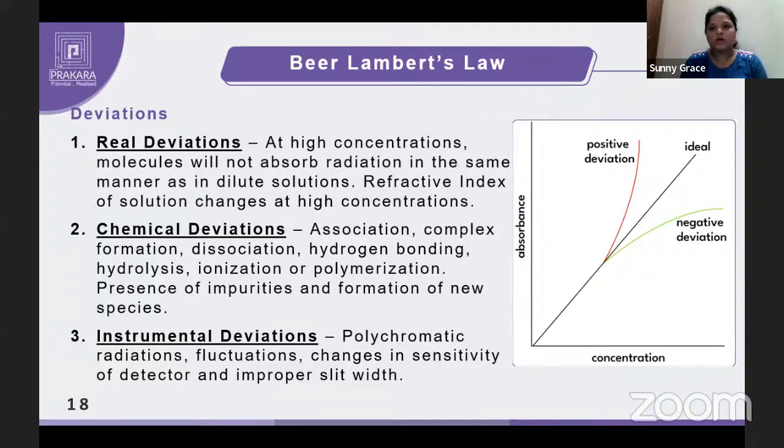Generally in UV, liquids are used for sample analysis. So we expect that all the samples will follow this Beer-Lambert's law, because of which we can plot a calibration curve and then get the unknown concentration. Believing that all the sample solutions we are taking follow the Beer-Lambert's law is the reason it is very important when you are studying UV-Visible spectroscopy.